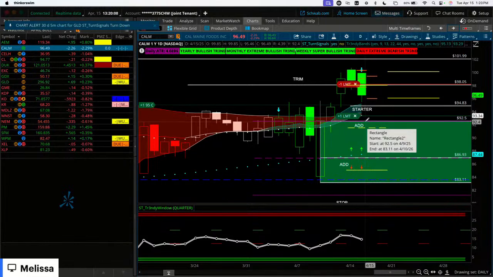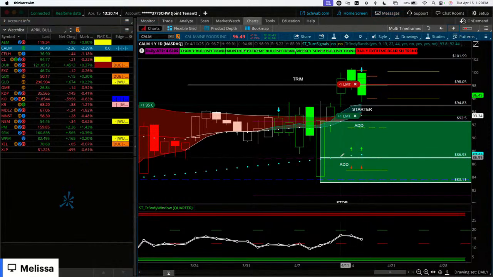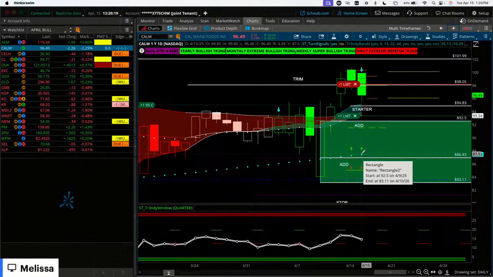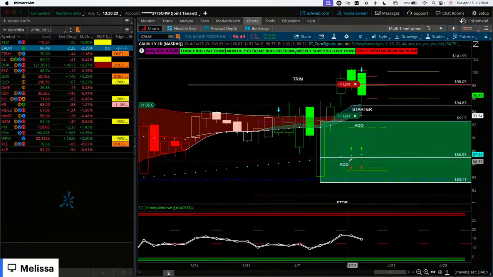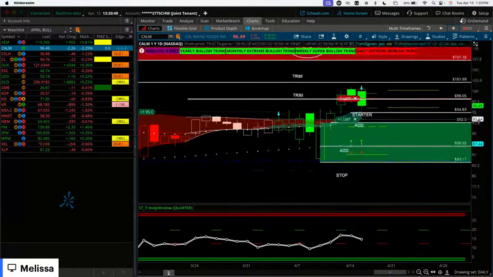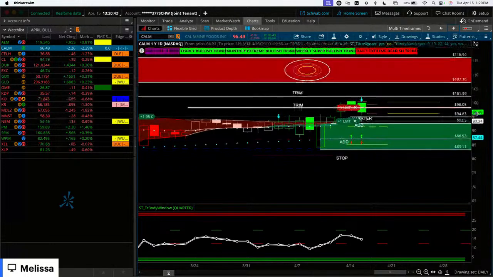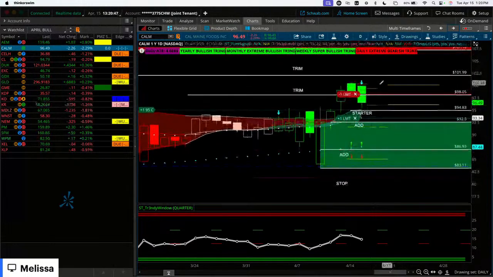My first add is here at 92.50, and then if price were to drop all the way back to the daily 200 SMA, which I'm not expecting it to, then I would be buying the $85 calls or the $90 calls, adding and being fully allocated, which for me is $1,000 on this trade. As far as trims go, 98.05, 101.99, and targeting 107 by 116. So that's a trade that I just started.